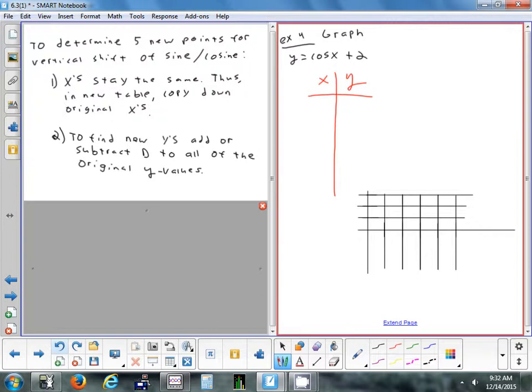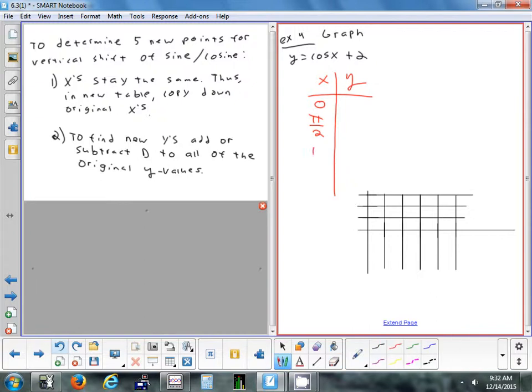All right, so Tyler, since we're doing a vertical shift, what values stay the same again? The x's. Okay, we're going to shift up and down. We're not going to do anything left and right. So go to your table and copy those down.